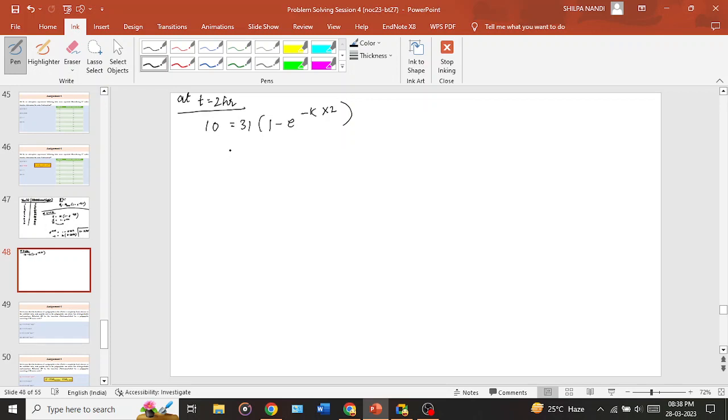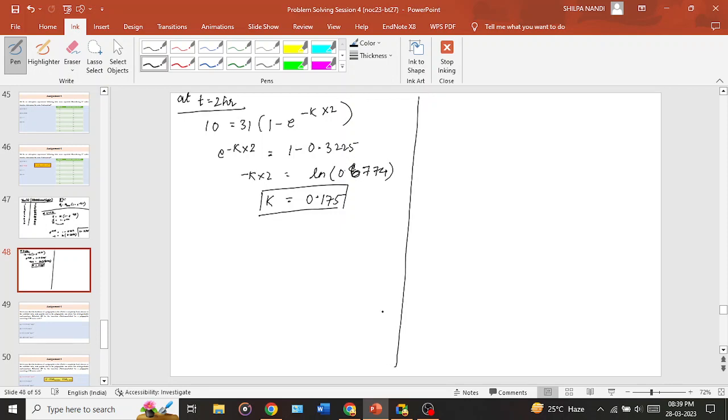If we solve this, 10 by 31 gives something like 0.3225, and then we can take out the k as 0.175. So we got the k at t2.